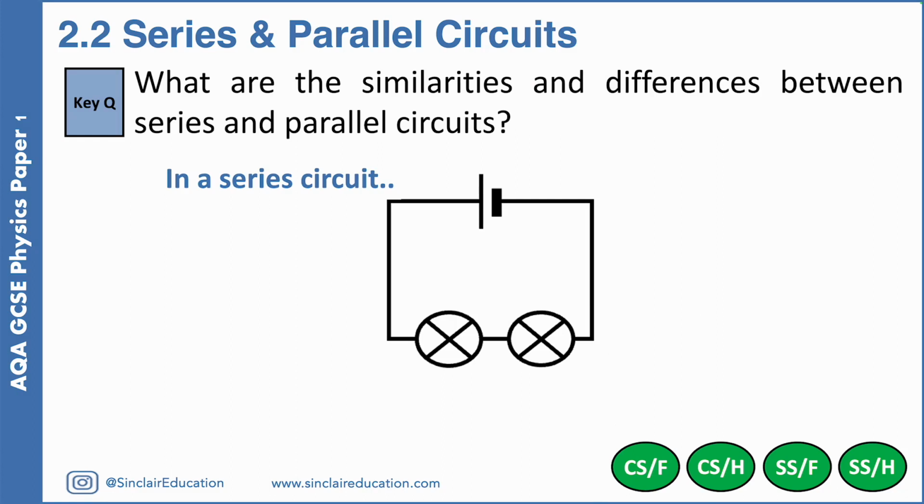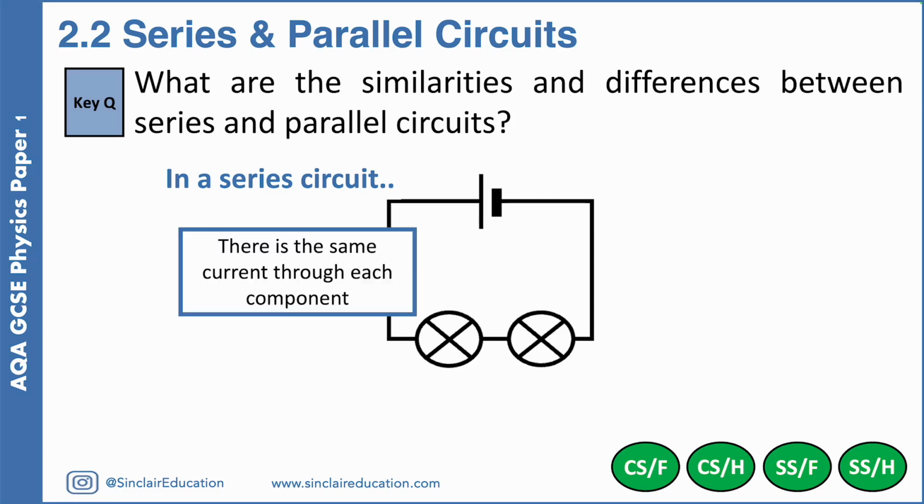So in series circuits and in parallel circuits, what goes on with current, potential difference and resistance is a little bit different. You need to be aware of what's going on with each and able to use and apply this in exams. First of all, in a series circuit, it doesn't really matter where we test the current.